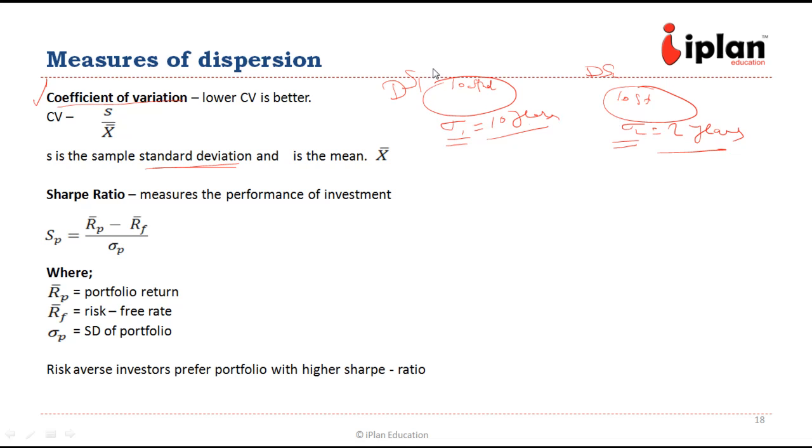But if this is students of say primary and these are the university students, and we want to compare the variation in the data, so in which data the variation is more, we cannot know unless we know the mean also. So we need to have a ratio.